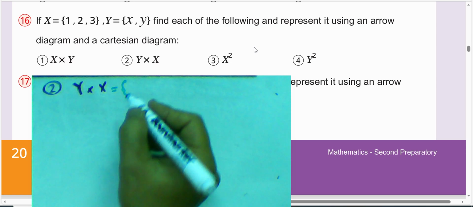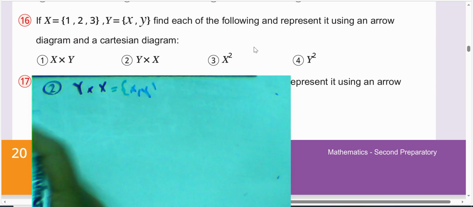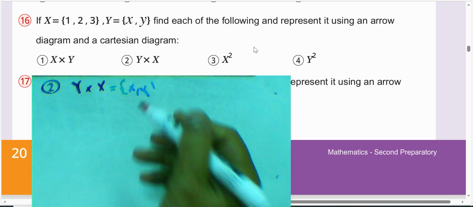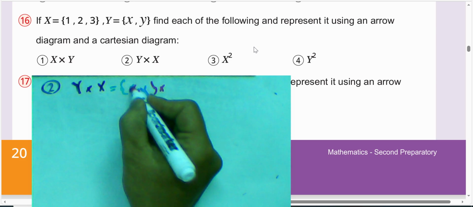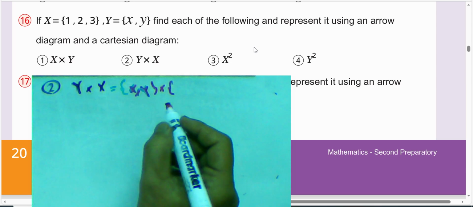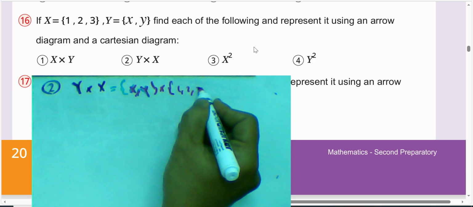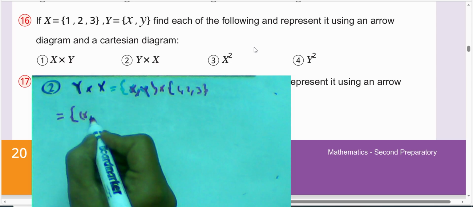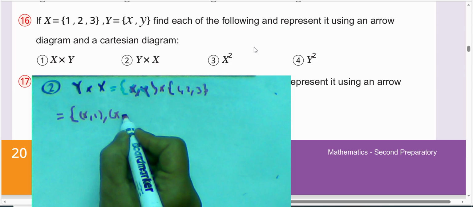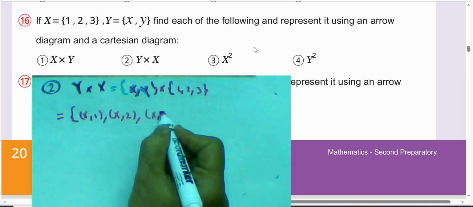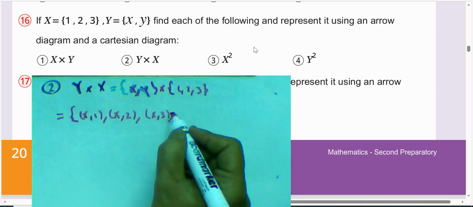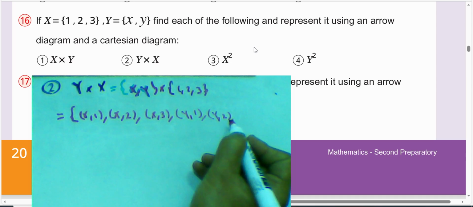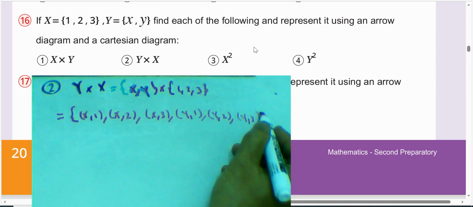Y was x and y, Cartesian product with x. X was 1, 2, 3. It's the inverse of the last question. Then we have x with 1 and x with 2, x with 3, and then y with 1, y with 2, and y with 3.